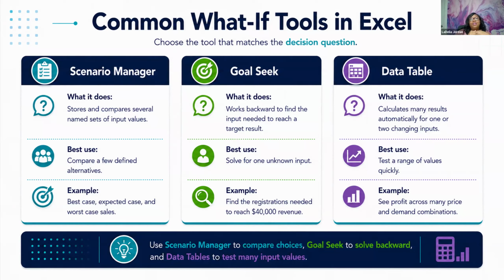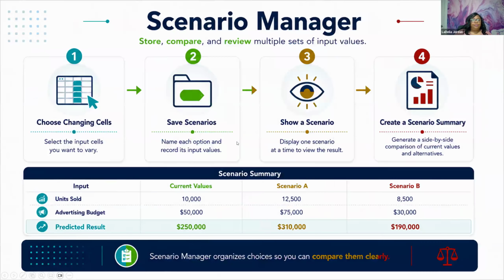Here, we're going to focus on the scenario manager because we want to compare specific business alternatives. So, depending on what your needs are, you may choose a different tool. But today we're going to be going through the scenario manager. Now, the scenario manager stores different sets of input values.